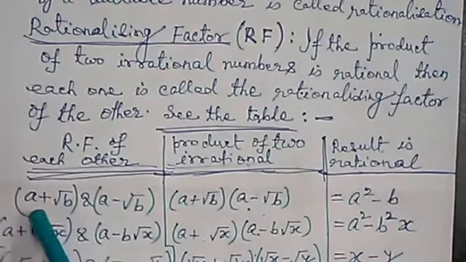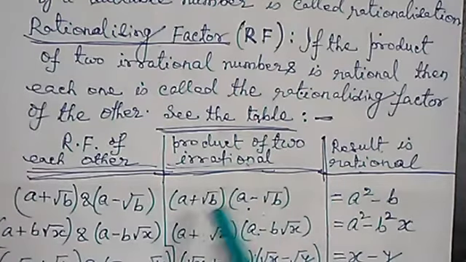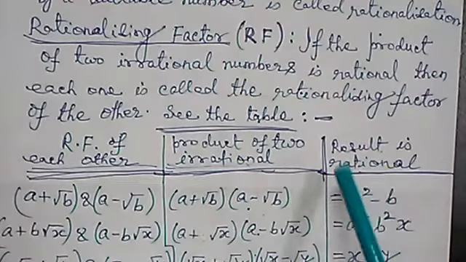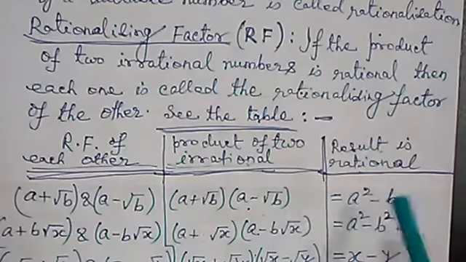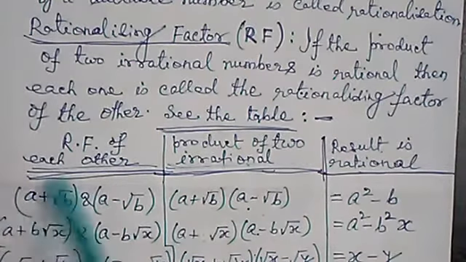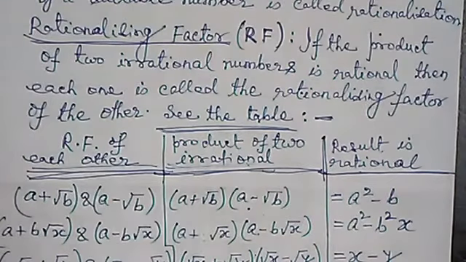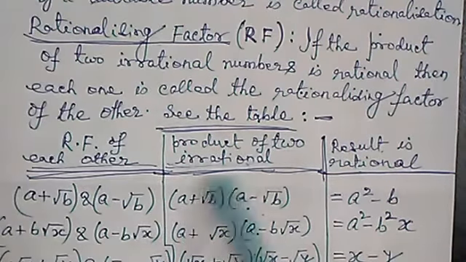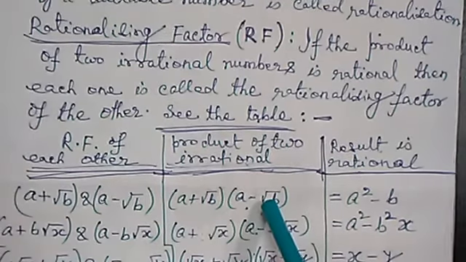When you multiply these two irrational numbers, it is written in product form, and the result obtained is mentioned in the third column. So a plus root b and a minus root b are the two irrational numbers, and their product will be written in this way.